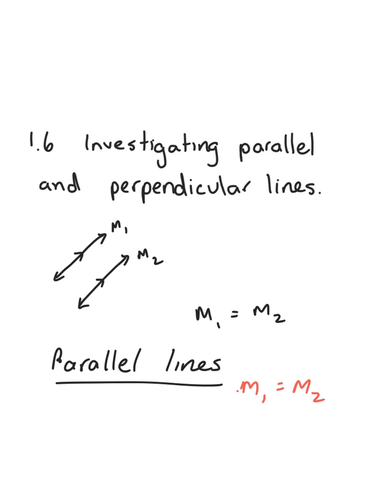If I knew that the equation of a line was y equals 3x plus 1, I can see here that the gradient, or m, of the line is equal to 3. If I was asked to give another equation of a line that is parallel to y equals 3x plus 1, I can write any equation that has a gradient of 3.